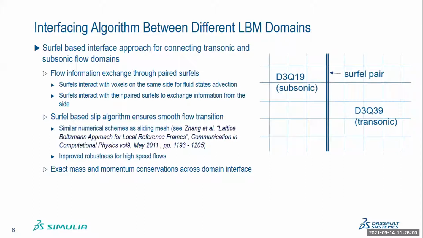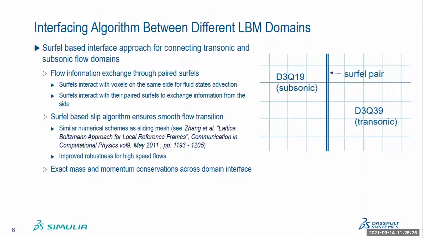And on the surface pair, we average the macroscopic variables like density, momentum, and temperature, so that we can ensure smooth flow transition, and also again the mass and momentum conservation. This is implemented based on PowerFLOW.